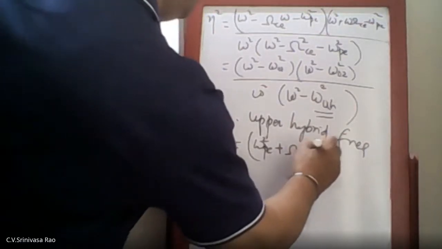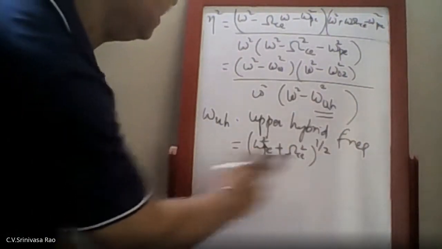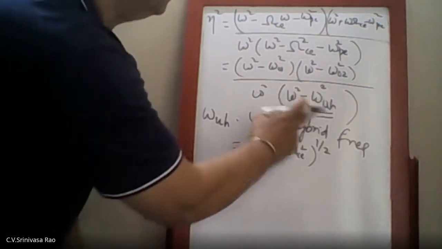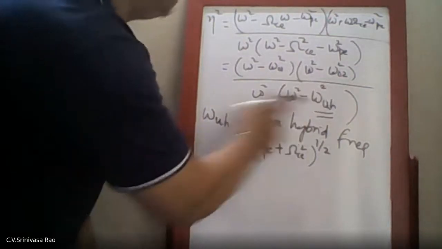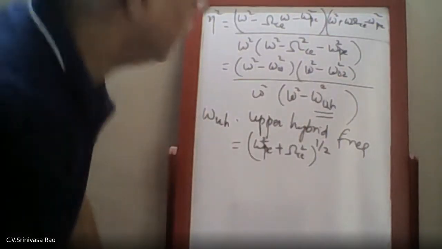So the upper hybrid frequency is given as this. Basically this is the term that we get here, so instead of that we have written down the upper hybrid frequency.